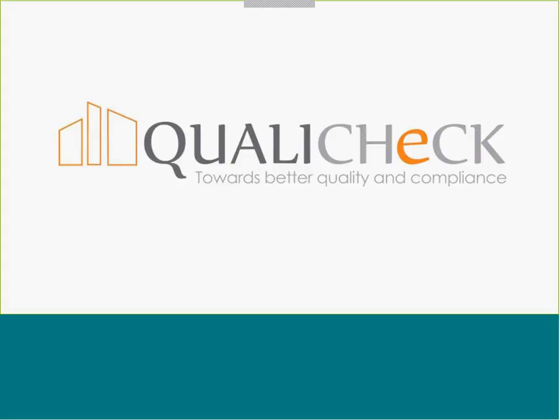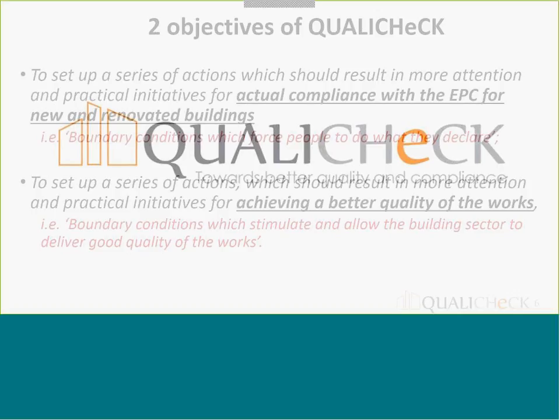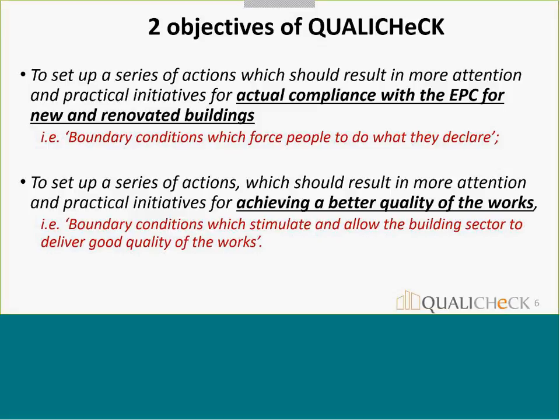Basically, QUALICHeCK has 2 objectives. The first one is to set up a series of actions which should result in more attention and practical initiatives for actual compliance with the EPC for new and renovated buildings, or in essence, create boundary conditions which force people to do what they declare so that you can have trust in the EPCs.